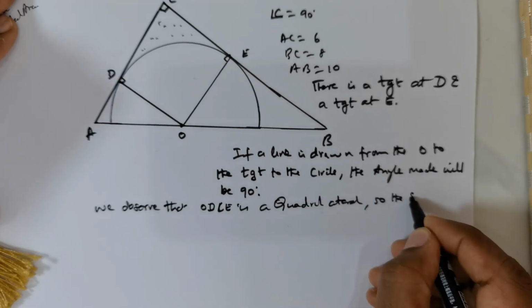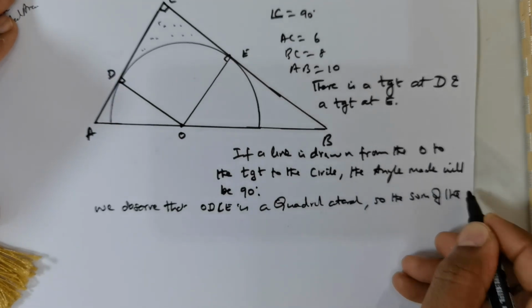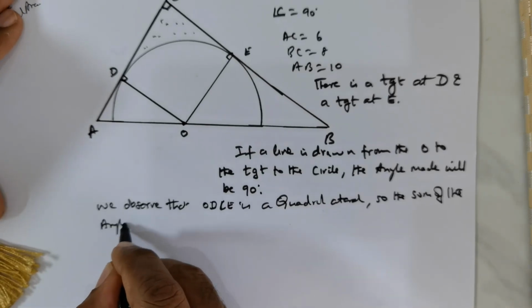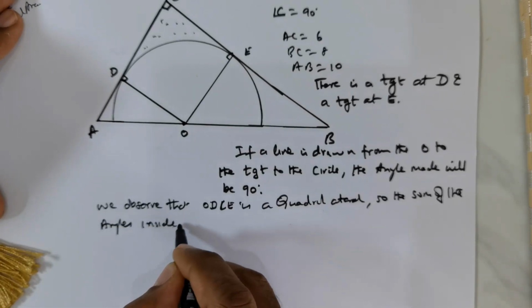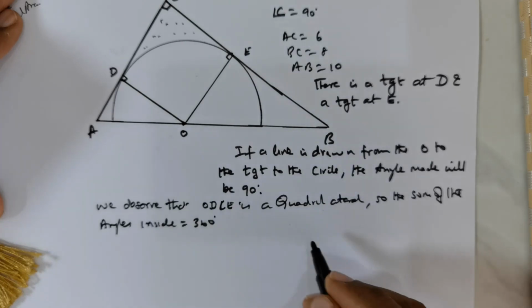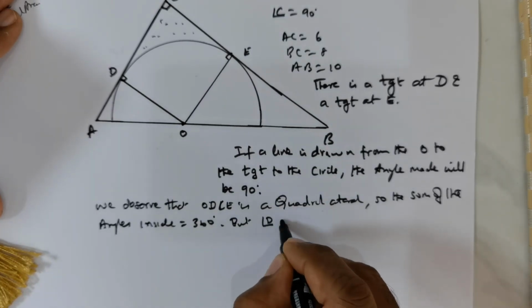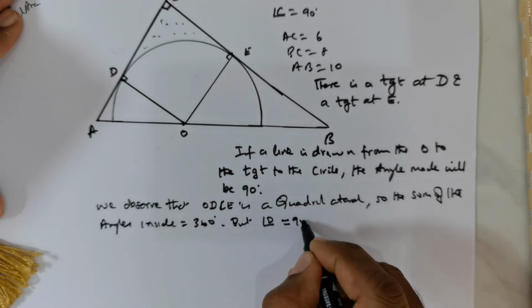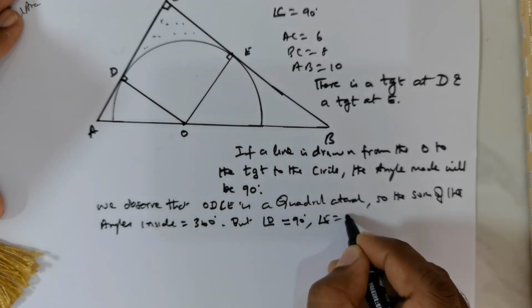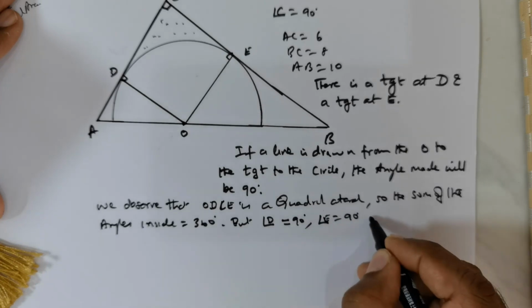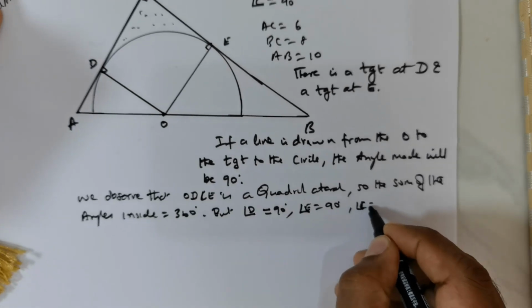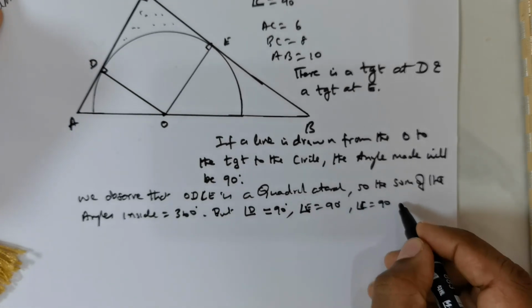So the sum of the angles inside will have to be 360, but angle D is equal to 90, angle at E is equal to 90, and angle at C is equal to 90.